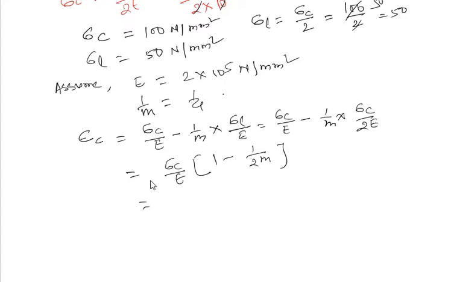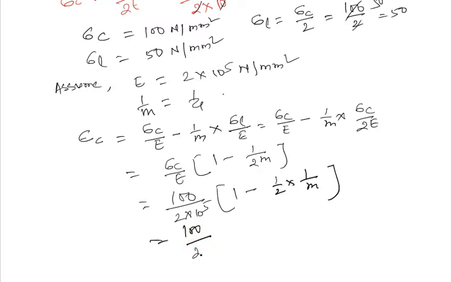Sigma c is 100 by 2 into 10 to the power 5, into 1 minus half into 1 by m, correct? This 1 by m is equal to how much? That is 1 by 4, correct?